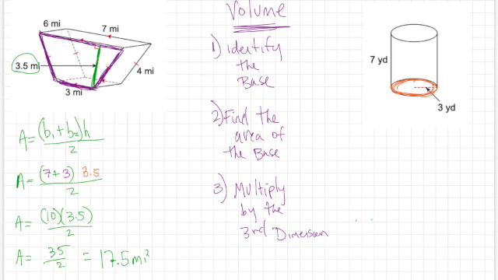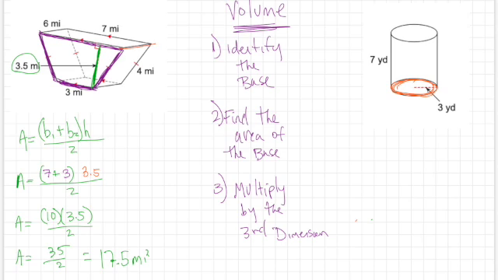So our third dimension is going to be this dimension here. This dimension going this way, right? So we found the base, we found the area of this dimension.